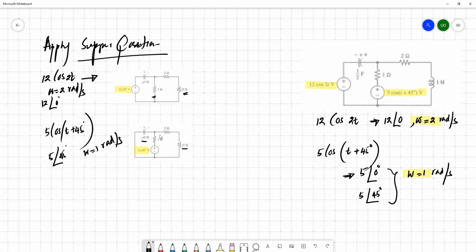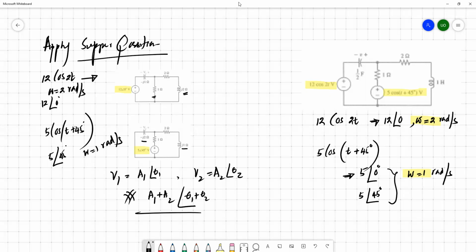Both are possible. For example, if V1 is A1∠θ1 and V2 is A2∠θ2, you cannot simply say that the ultimate angle is θ1 plus θ2. So this is wrong.